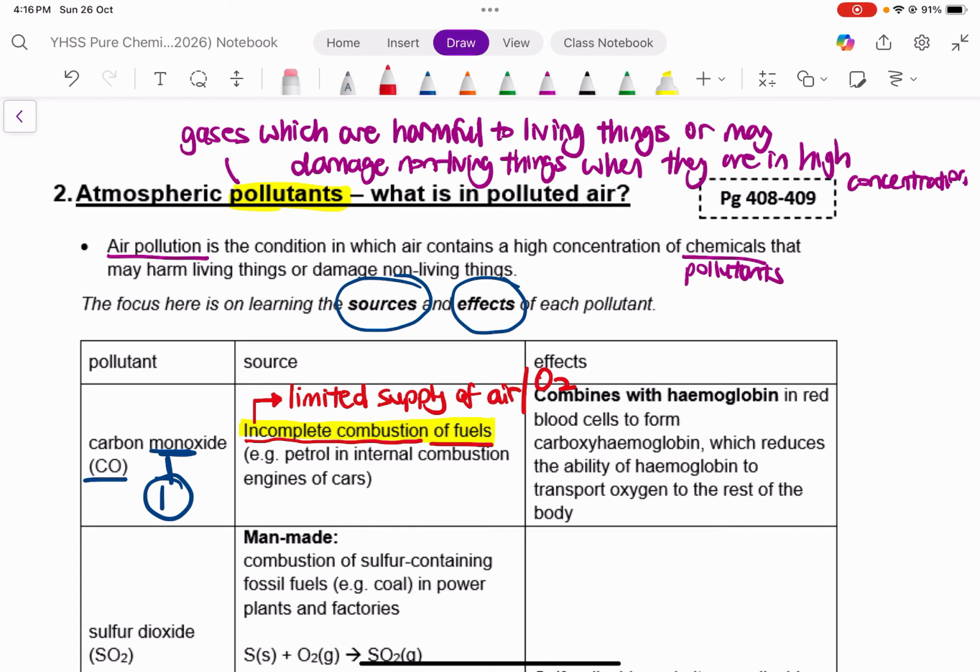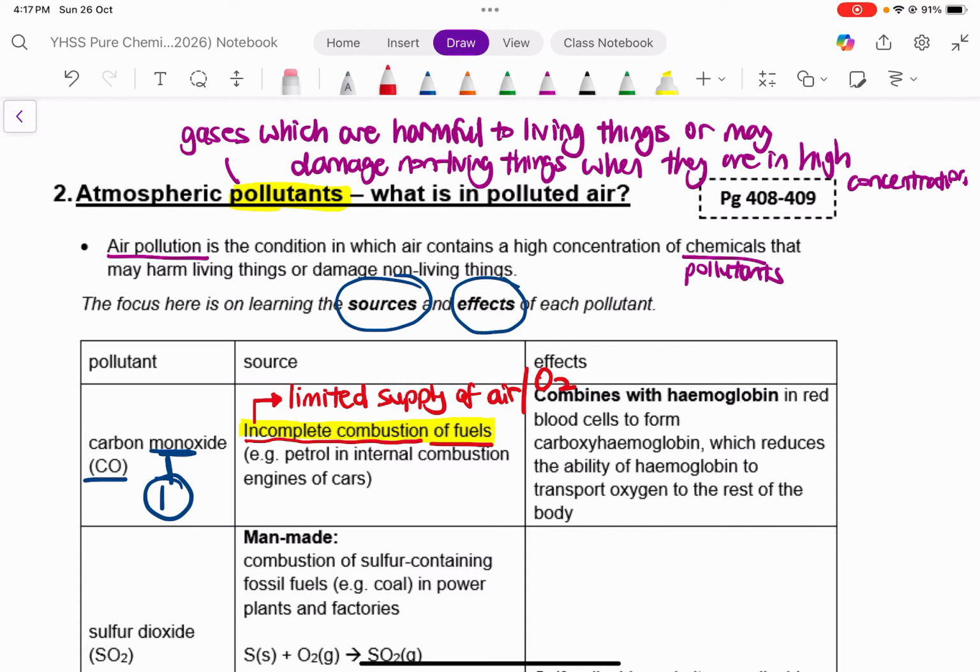For example, in the engines of cars, there may be insufficient air, especially when the car is running at high power mode. It needs to burn a lot of petrol. To burn that amount of petrol needs a lot of oxygen. What if there's insufficient oxygen under the high power mode of the car engine? That will result in incomplete combustion of the petrol, and incomplete combustion of petrol would cause carbon monoxide to be formed.